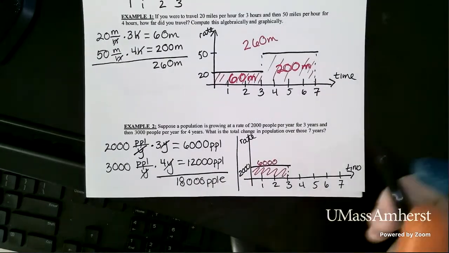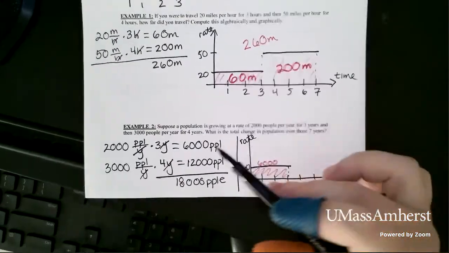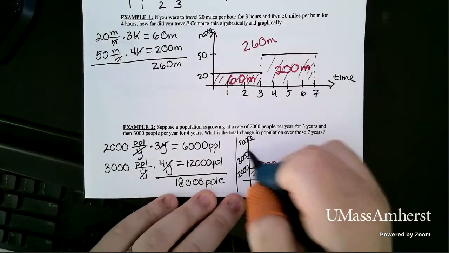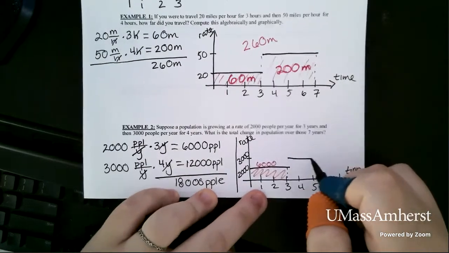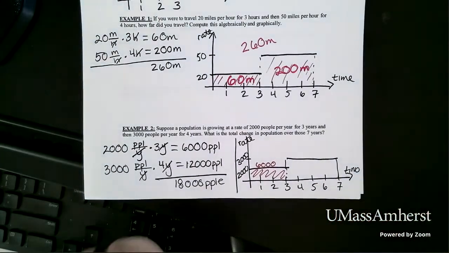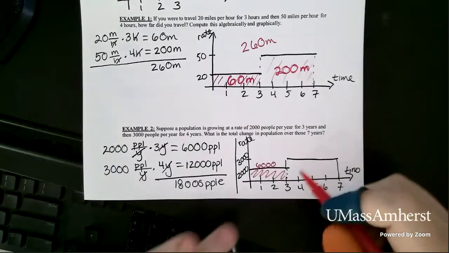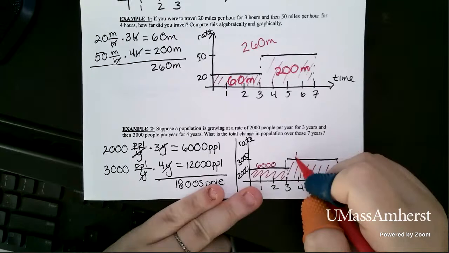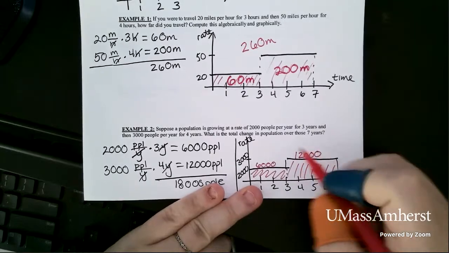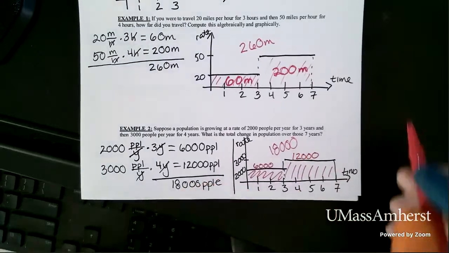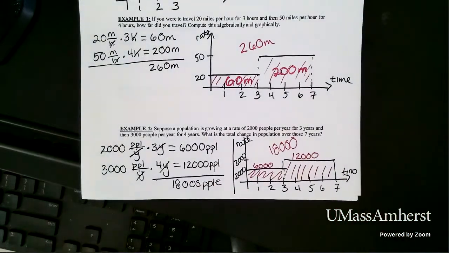And then from years 3 to 7, we're changing by 3,000 people per year. So we bump up here. And again, we can also use the area underneath this line. So we have 4 times 3,000. That gives me 12,000. We add those together. And that also gives us this change of 18,000.